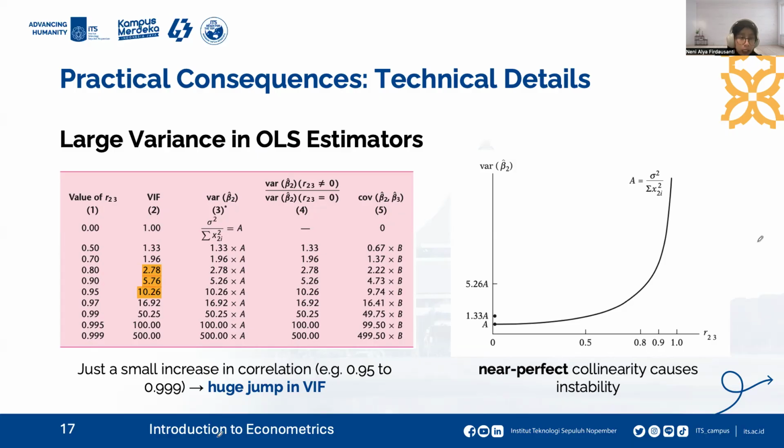Even if the correlation coefficient only increases by 0.02, the VIF becomes larger and larger. So just a small increase in correlation will give you a huge jump in VIF. That's why near perfect collinearity will cause instability.